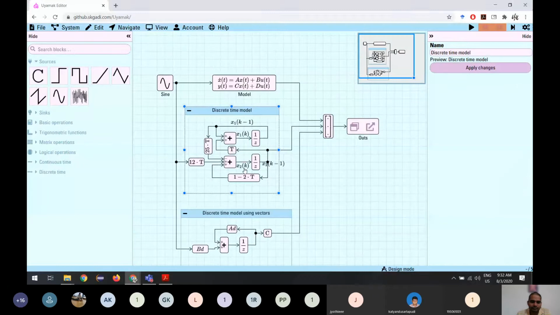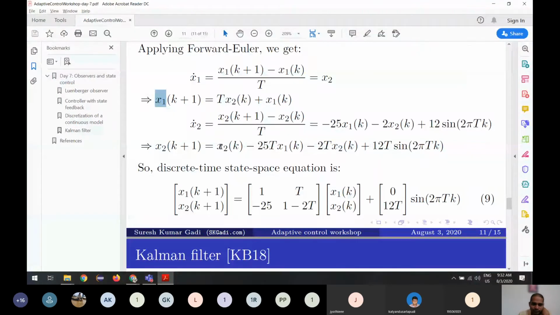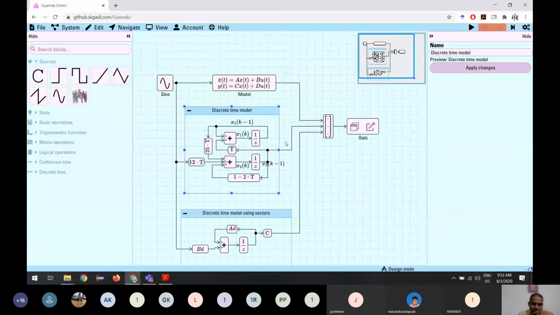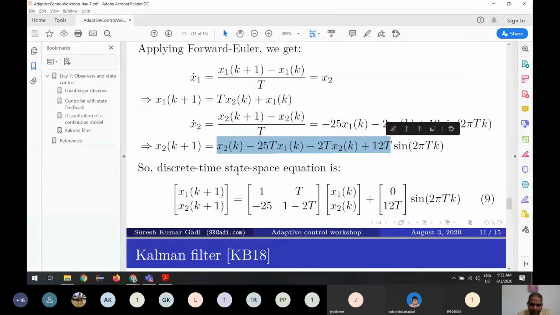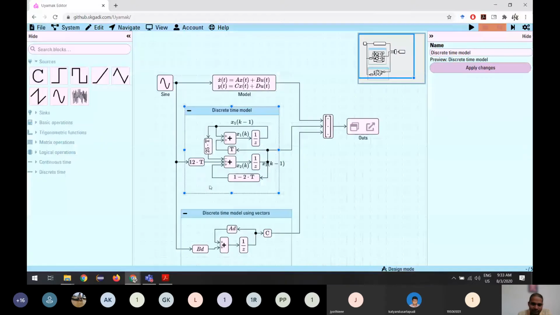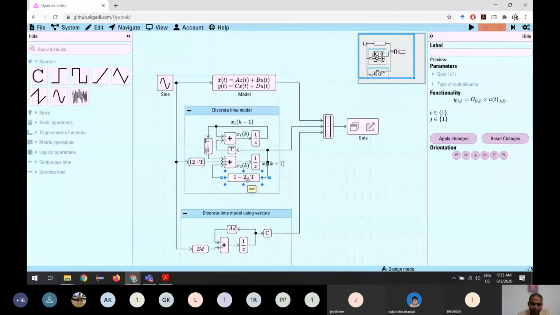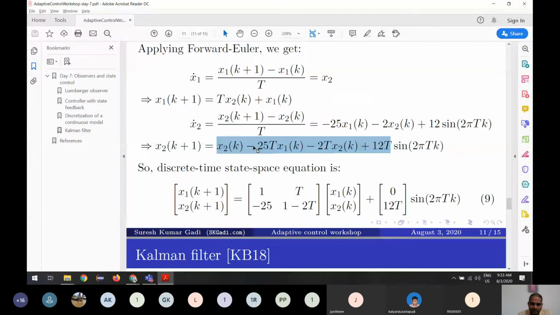So how do we get the x2? x2 is the sum of 1, 2, 3, 4 terms. So we have to add 4 terms here. Okay, so instead of 4 terms, we are adding 1 minus 2t as 1 term. So 1 minus 2t is here, 1 minus 2t times x2.